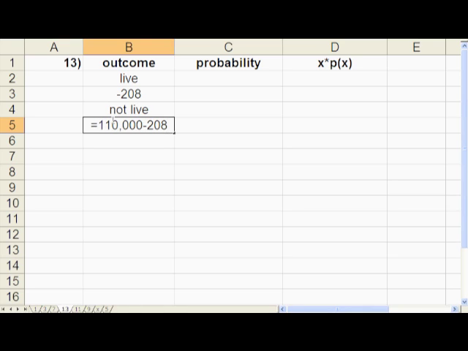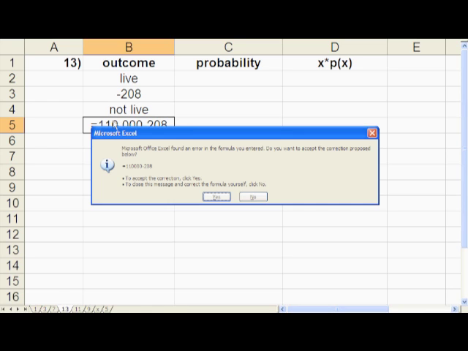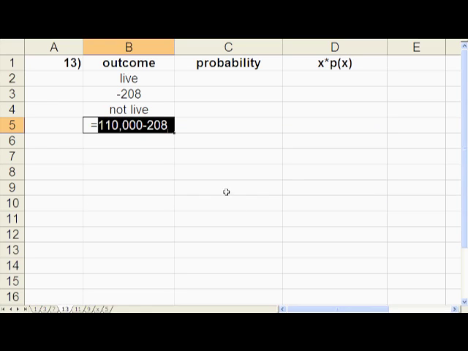It is similar to gambling. You are looking for the net value. $110,000 minus 208 is $109,792. Yet again, let's emphasize that this is the net value.